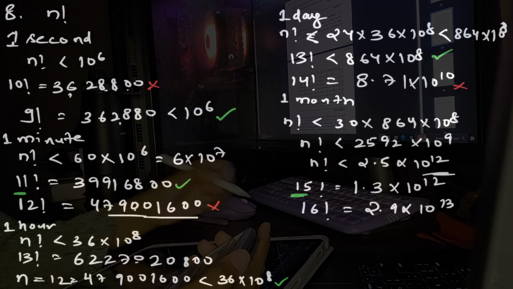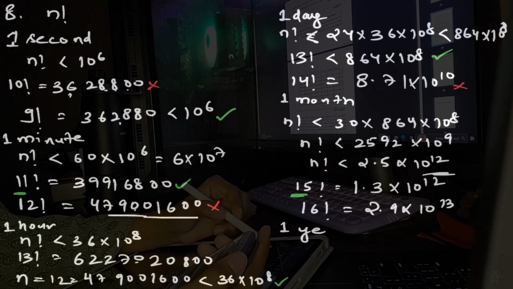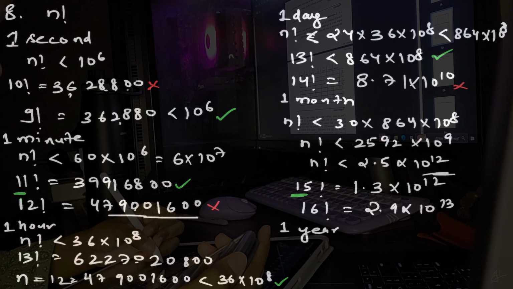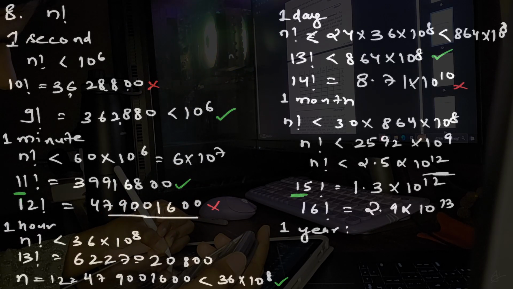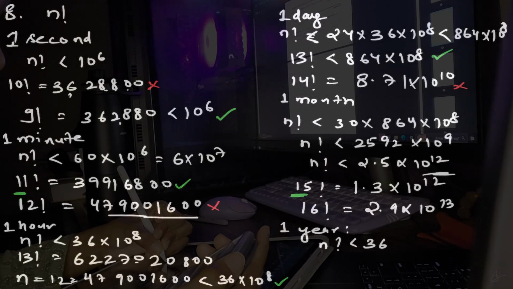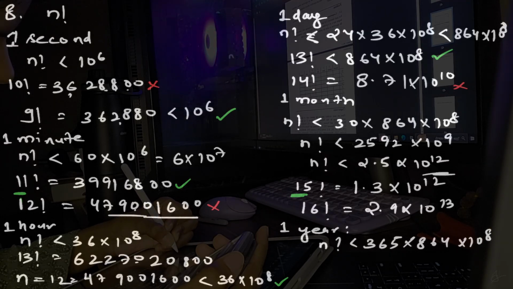Now for 1 year. In a year, we are going to consider 365 days into 864 into 10 to the power of 8.